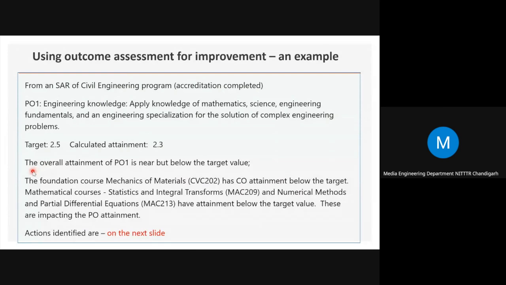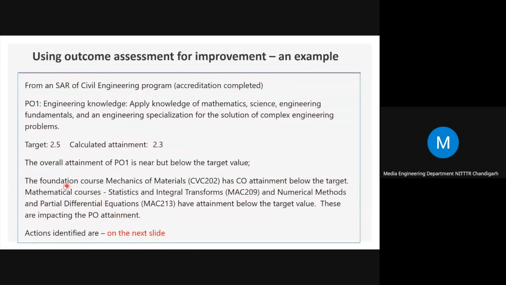Okay, so here you can see what they have recorded. They have found that the overall attainment of PO1 is near but below the target value, right? So 2.3 is near to 2.5, but it is not crossing or equal to that. Then they found why this attainment was low. In their particular scenario, this mechanics of materials course had CO attainment below the target level.